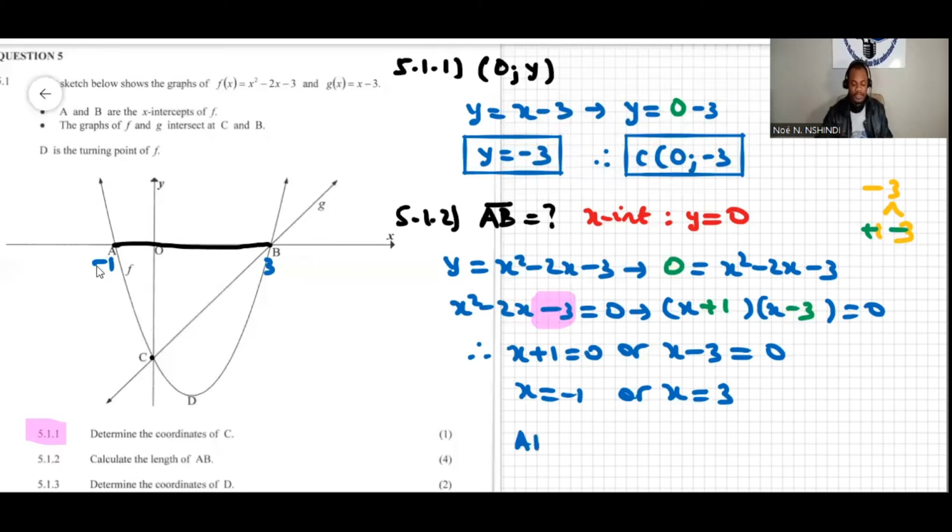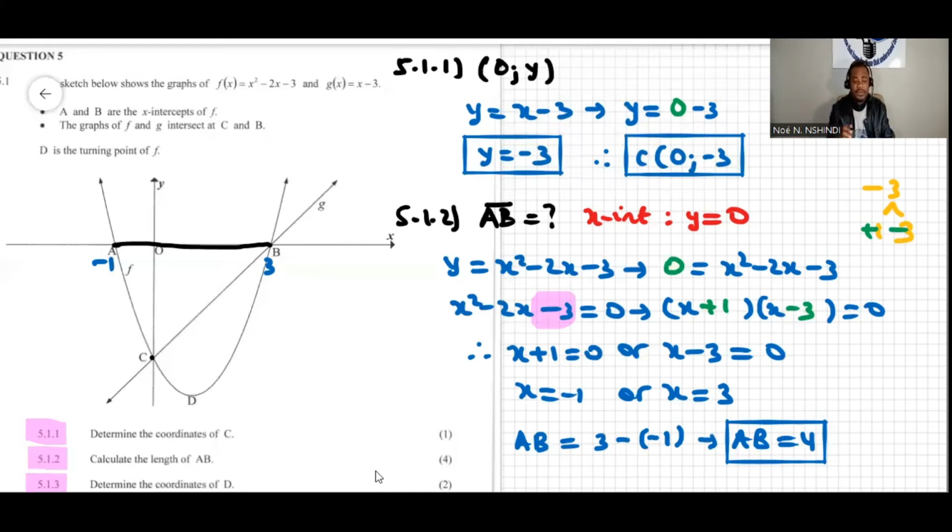AB will be equal to 3 minus -1, and then this will make AB equal to 4. That was question 5.1.2.